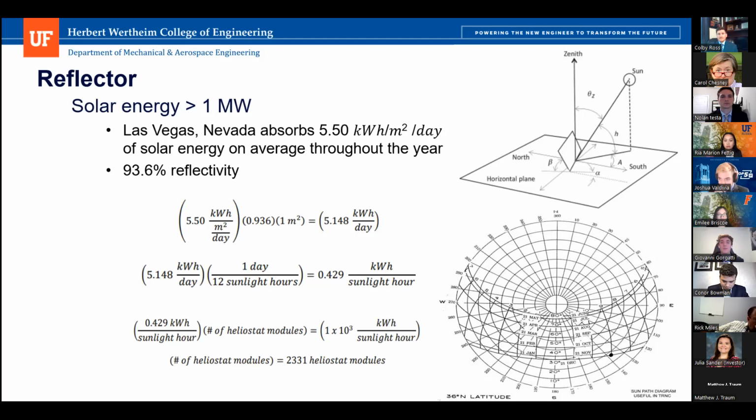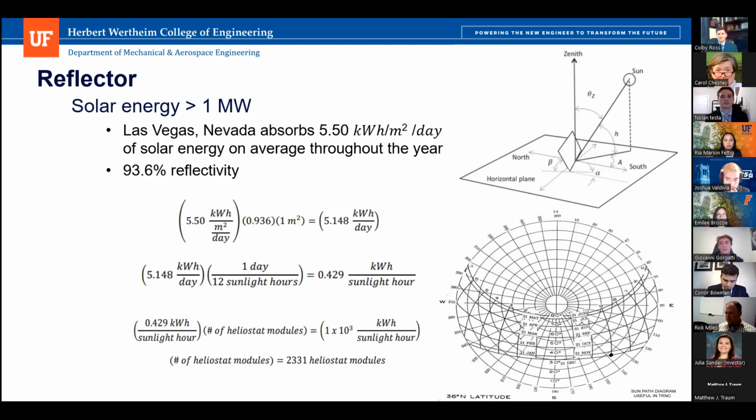And I used a reflectivity of around 93.6%, which is around the reflectivity that we found for borosilicate glass with aluminum reflectivity. As you can see, from the calculations we did, we end up needing about 2,331 heliostat modules to reach that customer need. And these are perfect conditions, so this number would essentially be higher, and we could do further calculations.